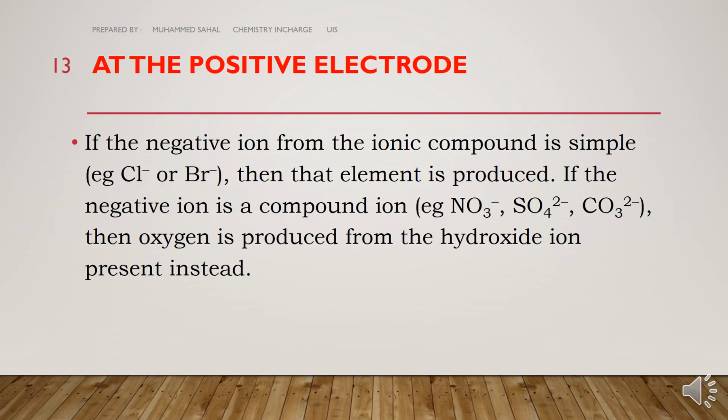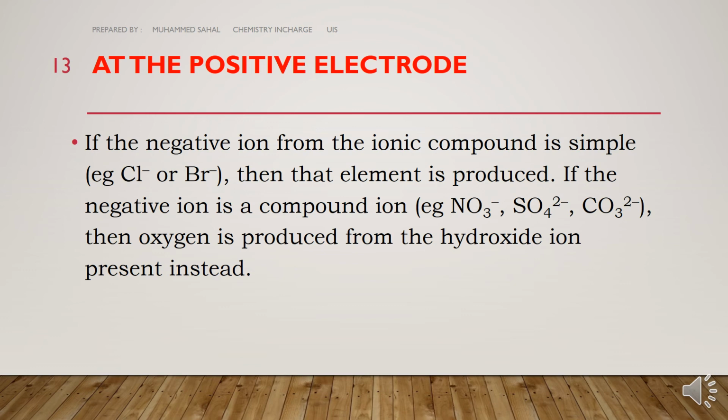If the negative ion from the ionic compound is a simple ion like Cl-, Br-, I-, that is halide ions, then that element is produced. If there is Cl- or Br-, you can write the corresponding halogen; that negative ion will move to the positive electrode.